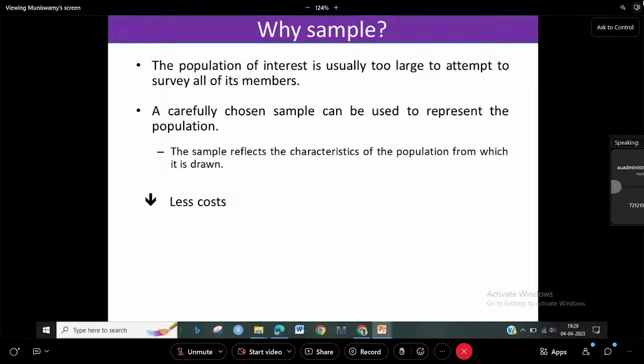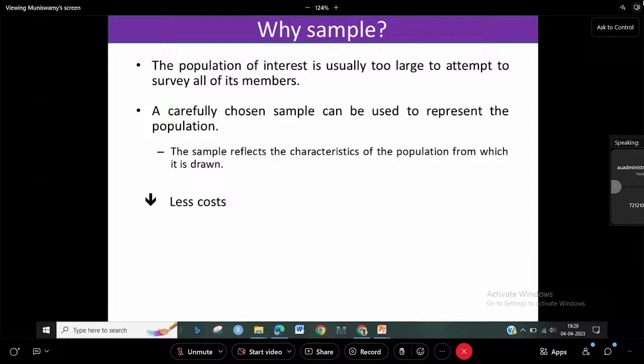So, why do we use a sample? Based on the sample, we can make inferences about the population.